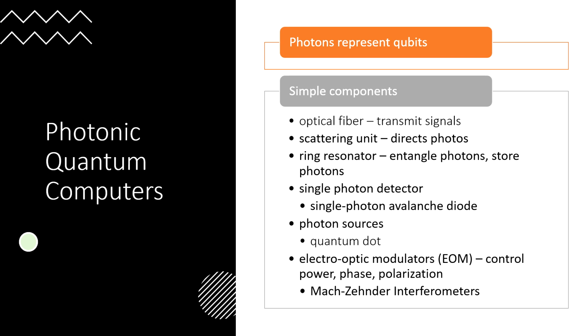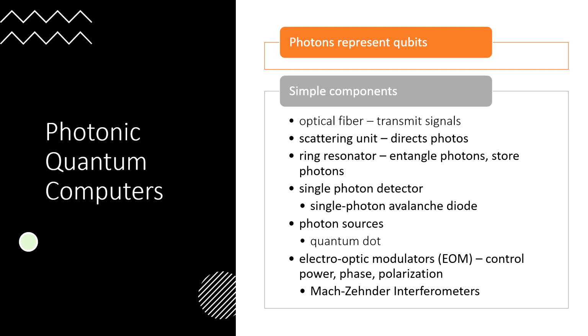Then you also have what I think is probably the most important part, photon detectors, because in order to convert quantum information back into classical information, into bits, you have to have photon detectors. And of course without photons themselves the computer wouldn't work, so you also need a photon source.